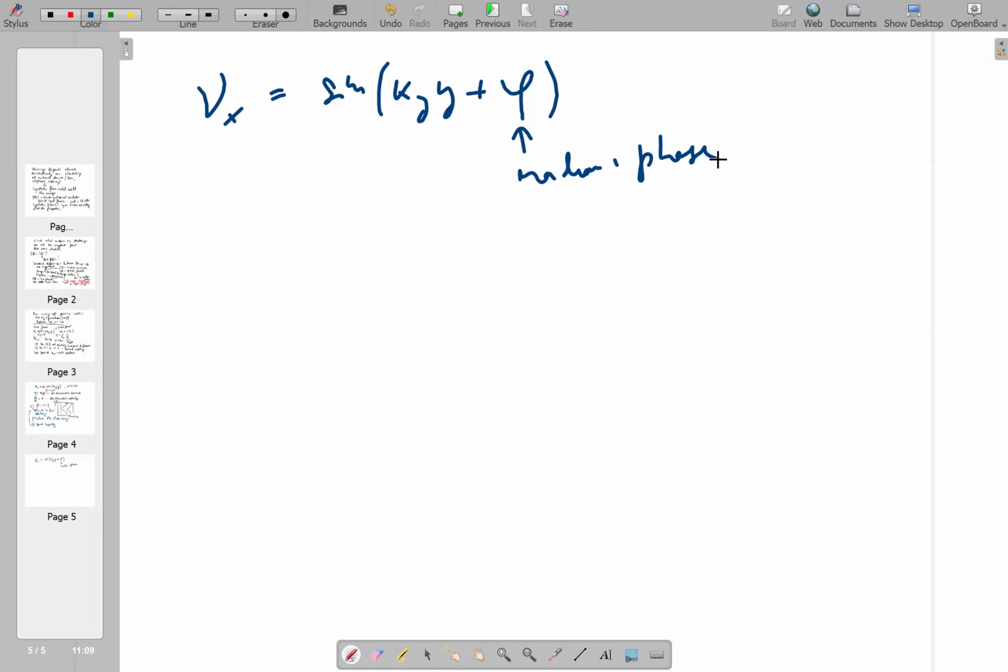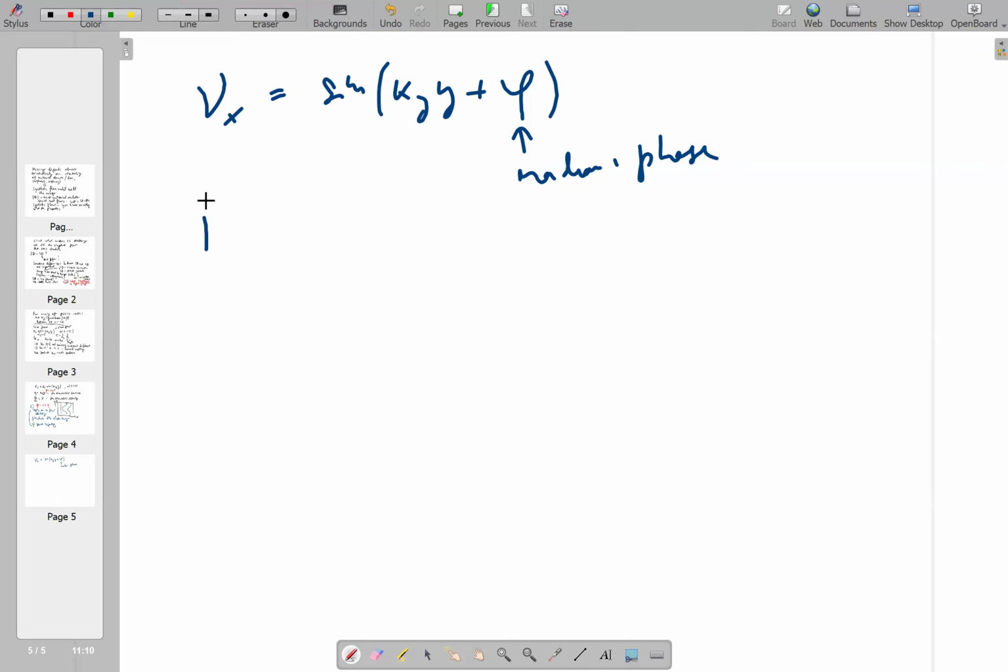Now, how to do it step by step. In a computer, it would look something like this. You take your dye concentration, let us call it temperature, as a function of x and y.